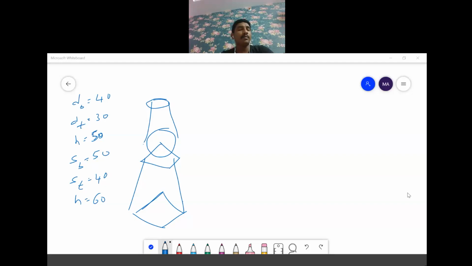Sometimes in the exam, he will give the two-dimensional diagram like this, with all the dimensions here.